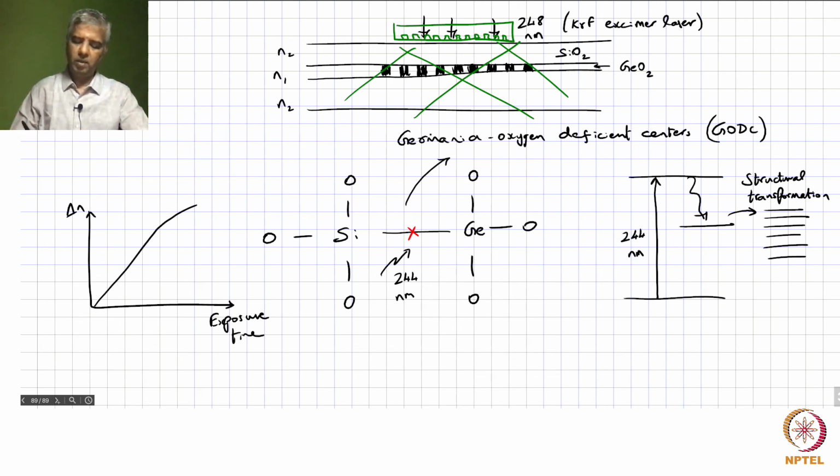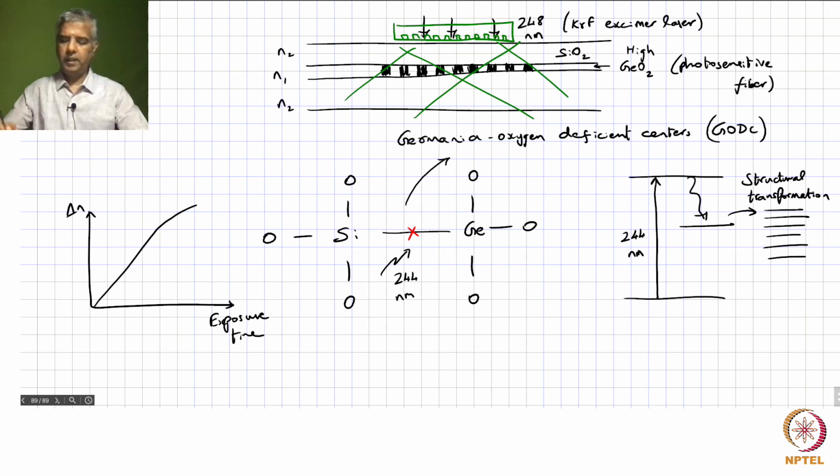Such fibers with a high level of germania doping are called photosensitive fibers.